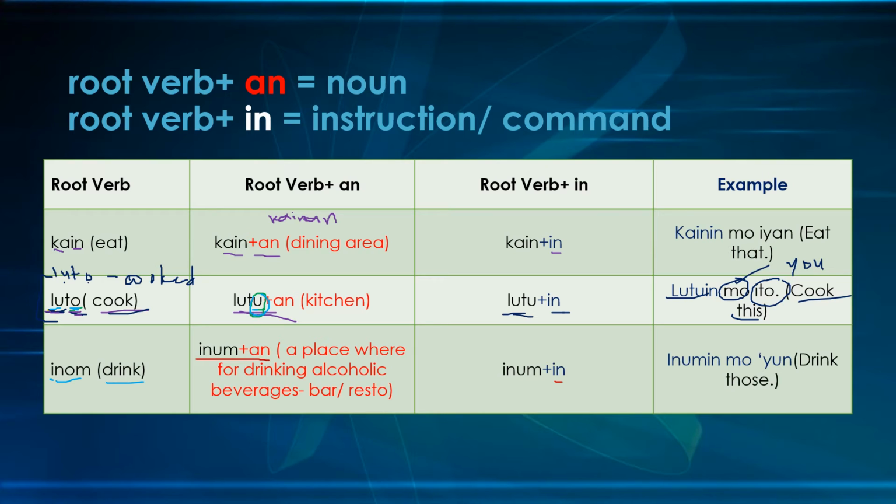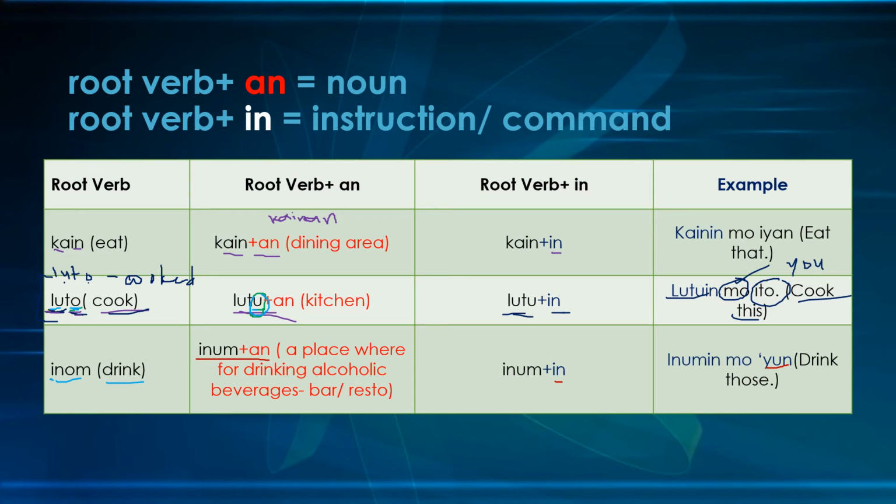So for example, if you want to say drink those, we say inumin mo yun, or inumin mo iyon. Yun is the short version, or the contraction of the word iyon. Inumin mo yun.